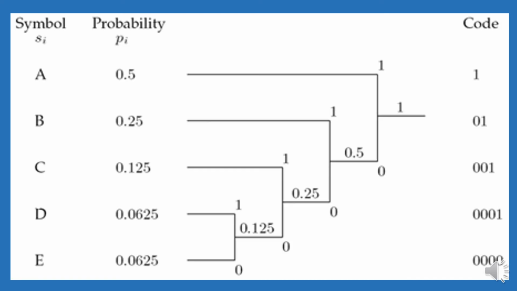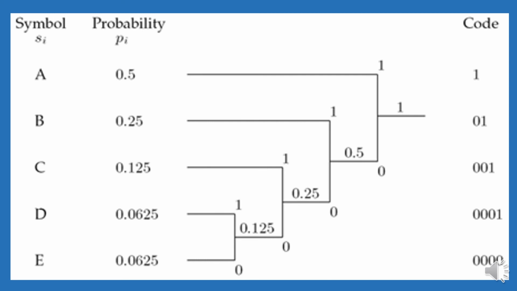Now we will do the next problem. Here the symbols are A, B, C, D, E with the probabilities 0.5, 0.25, 0.125, 0.0625, 0.0625 respectively. So we will do this by applying the Huffman coding algorithm.